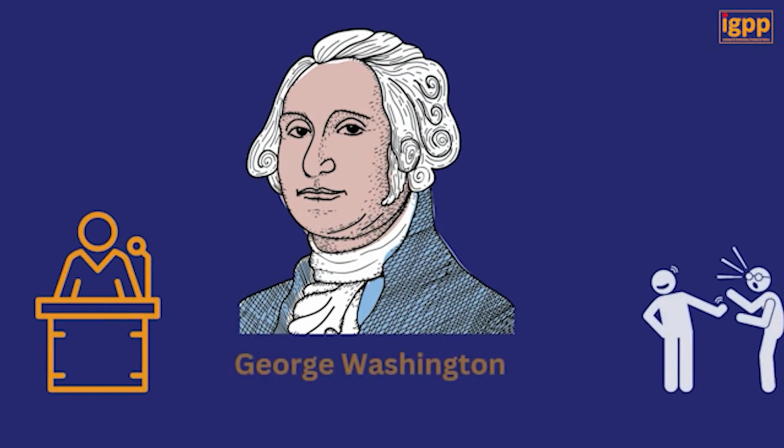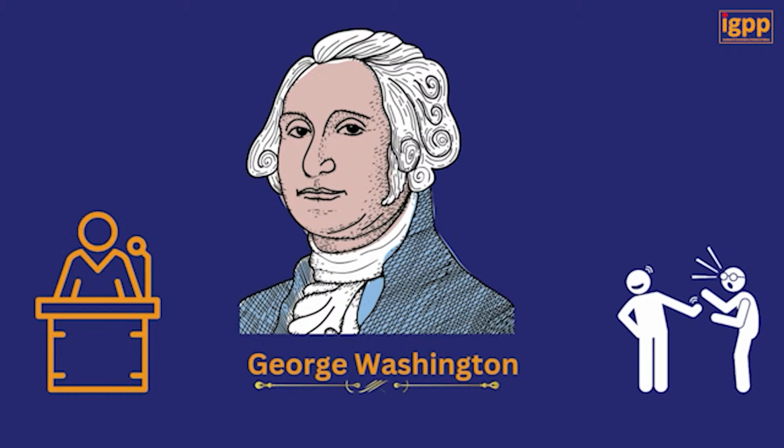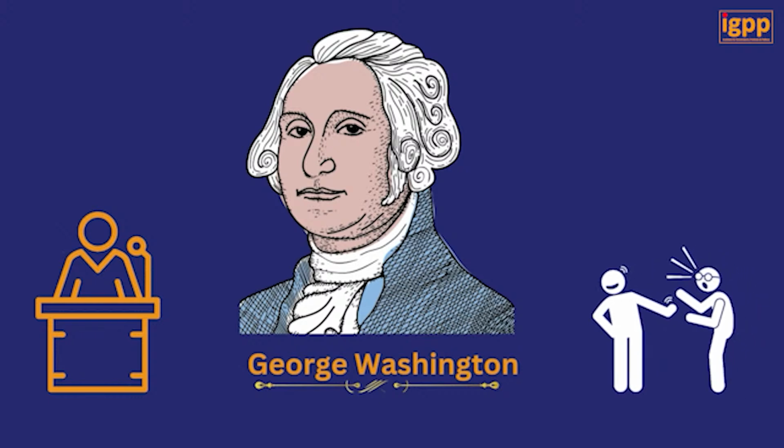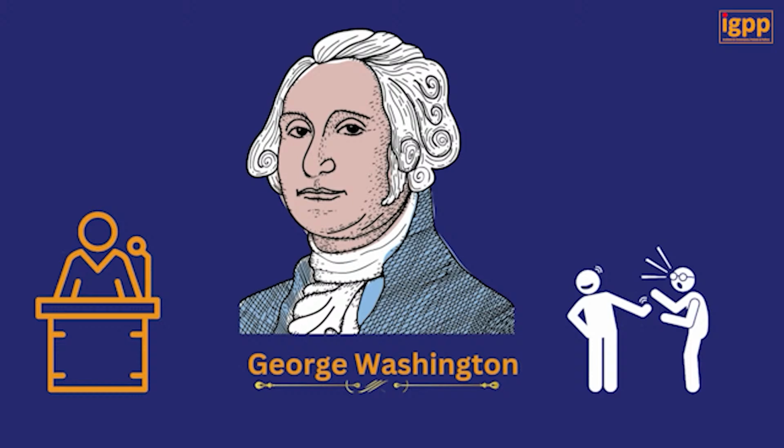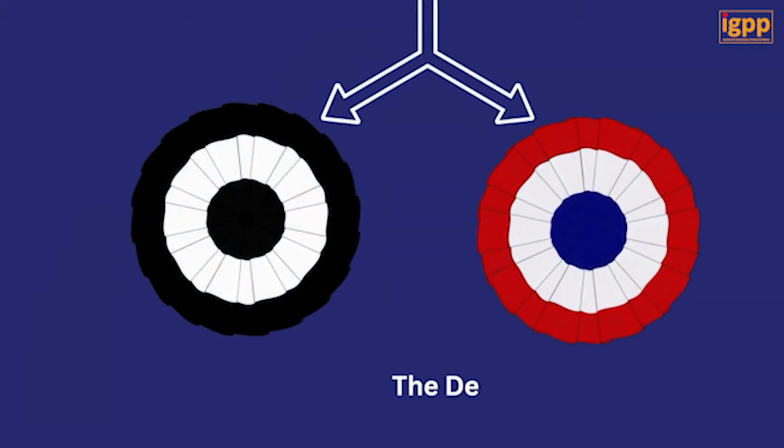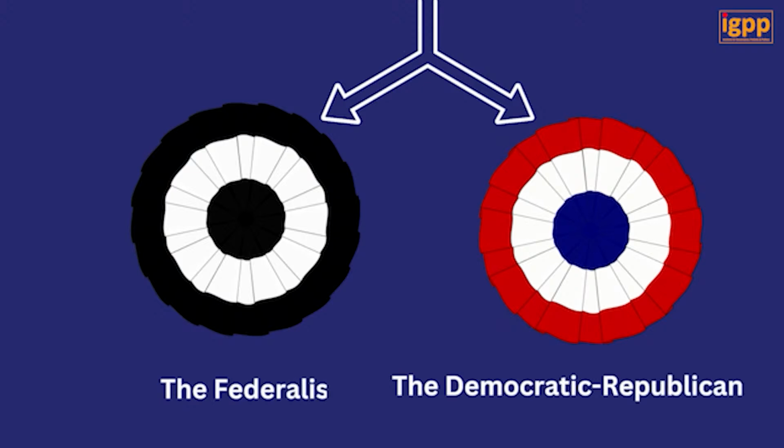George Washington, the first president of the US, warned against the dangers of political parties in his farewell address. Despite this, the political landscape of the 1790s witnessed the emergence of two distinct factions, the Federalist and the Democratic Republicans.